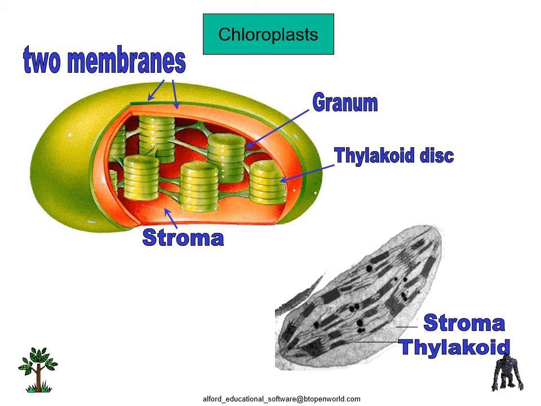You can see that these discs are just kind of joined together by a thylakoid membrane, and then the discs themselves you could label up as thylakoid discs, or you could label the stacks as granum in that electron micrograph. By the time you get into year 2 and we've done photosynthesis in more detail, you will be able to describe the light dependent and light independent reactions that happen in both of those parts of the chloroplast.